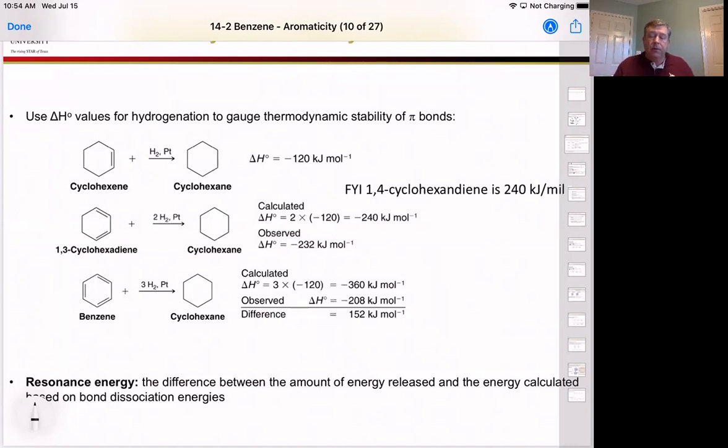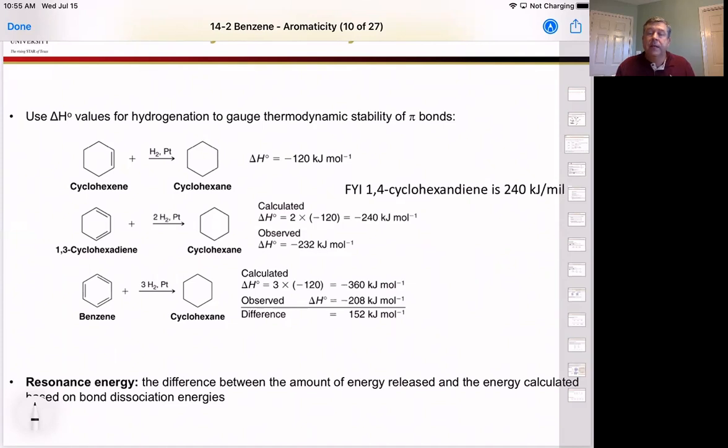So to make sure we're comparing apples to apples, we're going to take cyclohexene, which has the same number of carbon atoms as benzene. However, we only have one double bond in cyclohexene. And if we hydrogenate that, we can measure that hydrogenation to release 120 kilojoules per mole of the material.